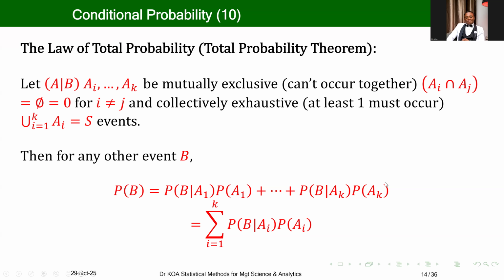In other words, the total probability is going to be the sum of this.